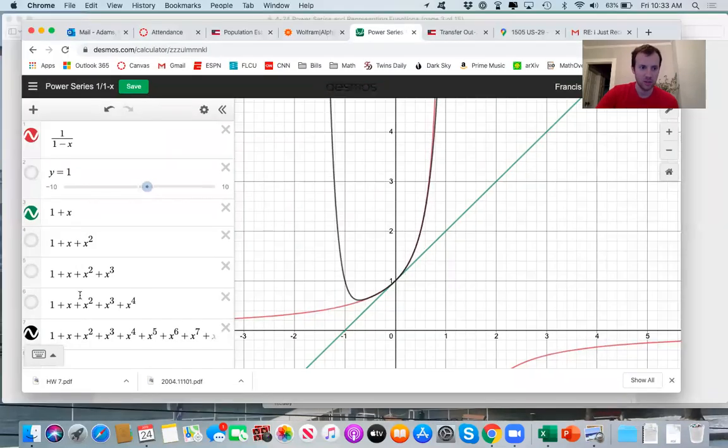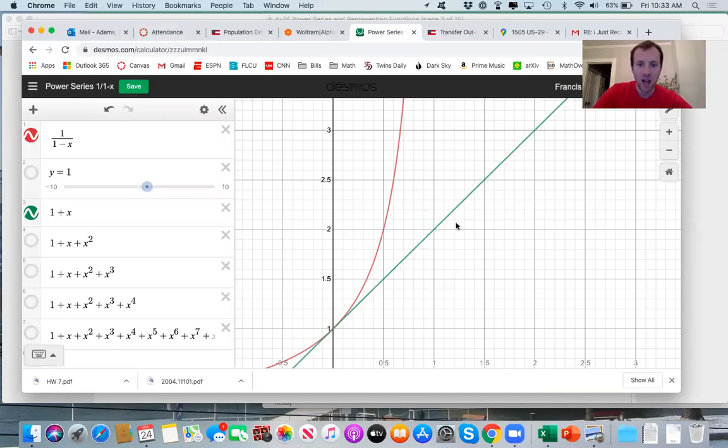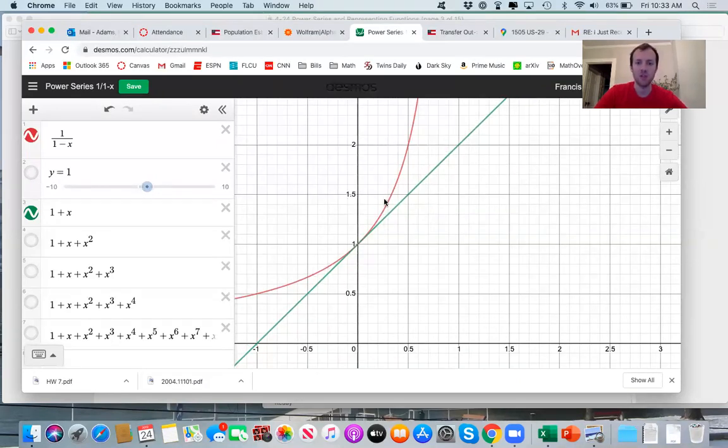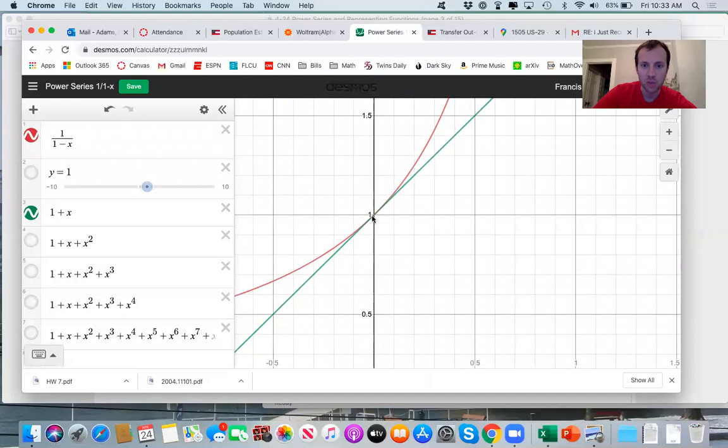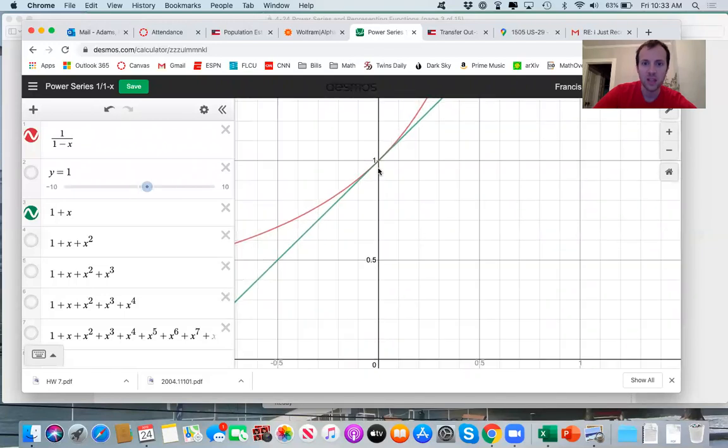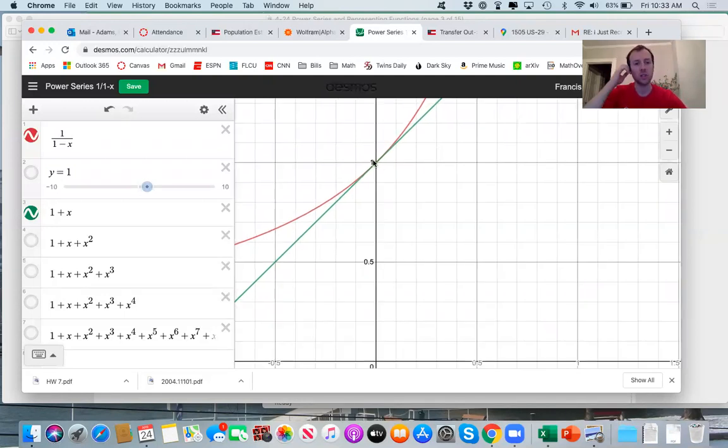One fact from calculus is the tangent line is a very good approximation of the function close to the tangent point. So this tangent line 1 plus x, if you're really close to 0, is really good. It gets worse as you go away. The same thing happens with these longer partial sums of a power series.